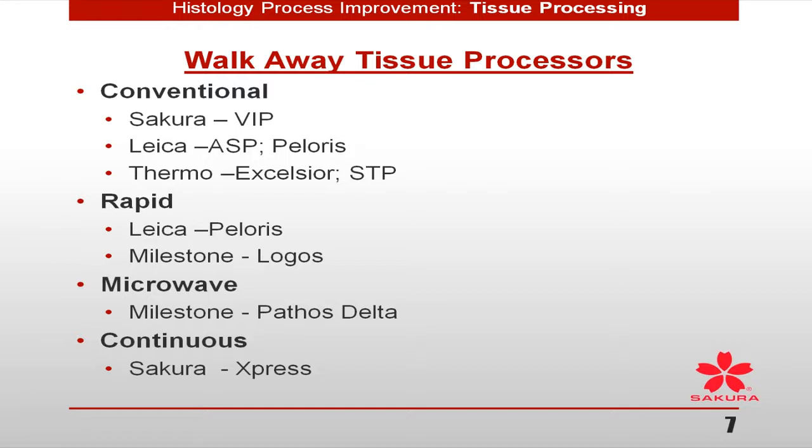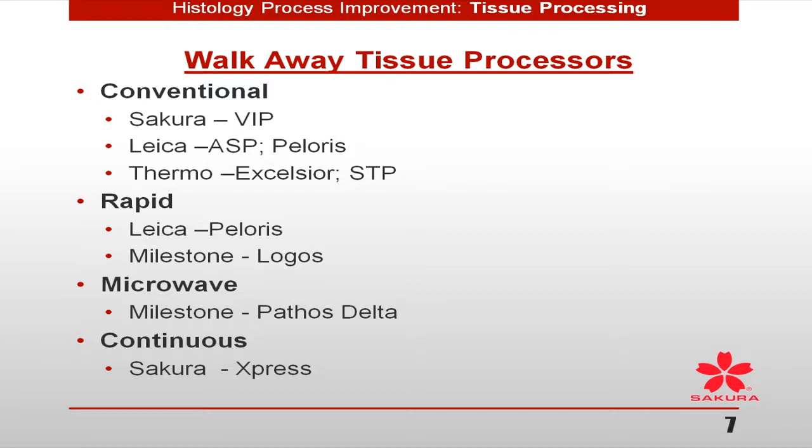And then what I would term as continuous, that's the Sakura Express. That's an instrument where every 20 or more, depending on which model you have, is a continuous load. You're continually moving along and can continue to load other cassettes while you're in process.